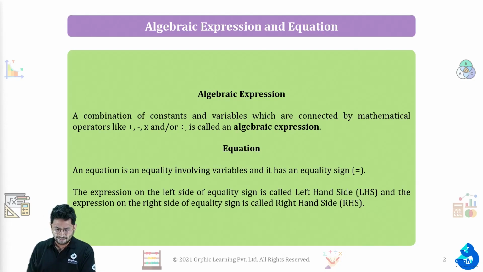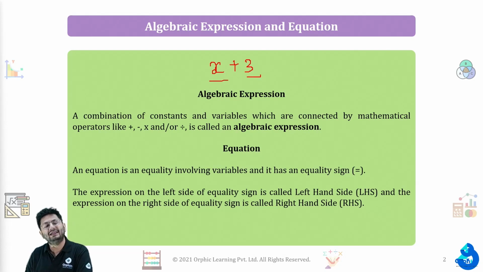For example, I'll write down an expression that is x plus 3. In this, we can see that there is a variable which is x, there is a constant which is 3, and the mathematical operator used is the positive sign. So there is a variable and a constant which are getting added. So this is an example of an algebraic expression.